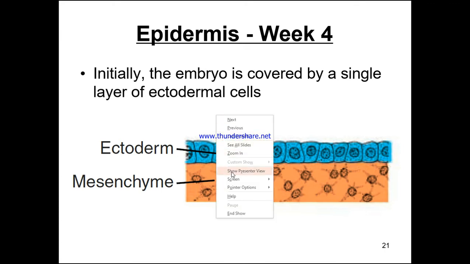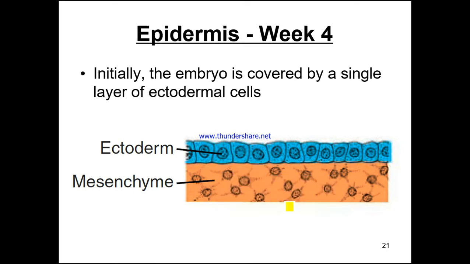So the epidermis, let's go through the embryological developmental stages. Initially the embryo is covered by a single layer of ectodermal cells. We have the ectoderm and the mesenchyme.